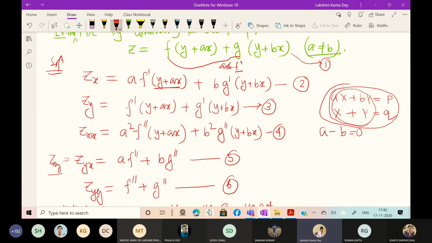But you have to put the values for f dash x and g dash x in the given equation. Simply like that, we can find the value of X in the form of PQAB and Y also in the form of PQAB.